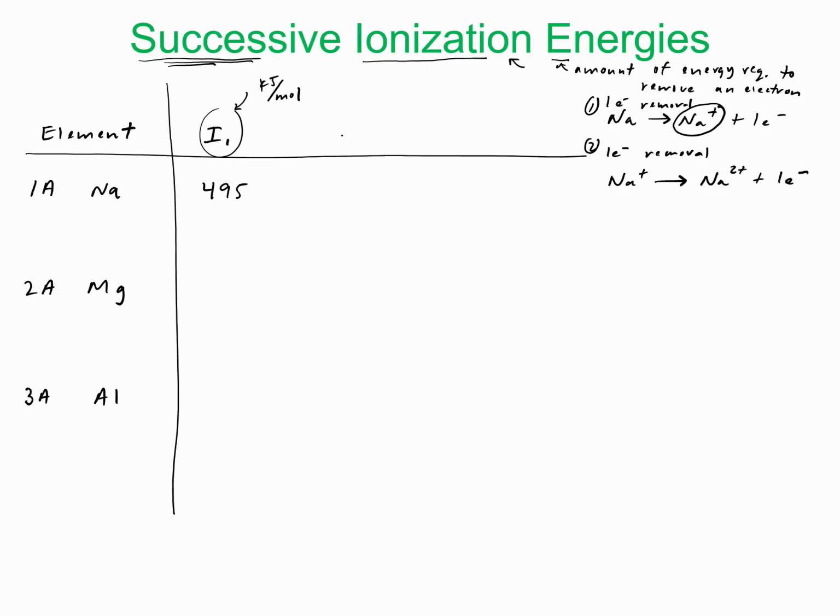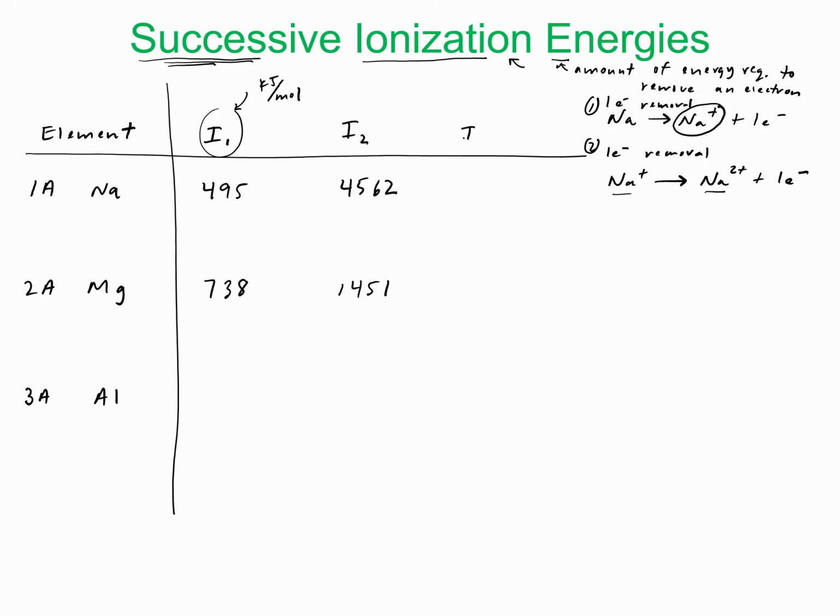If we look at the second ionization energy for sodium, it takes 4,562 kilojoules per mole. So let's take a look at magnesium, and for the first electron, it takes 738 kilojoules per mole. For the second electron, we want to take another one off, so for magnesium it would be 1,451.